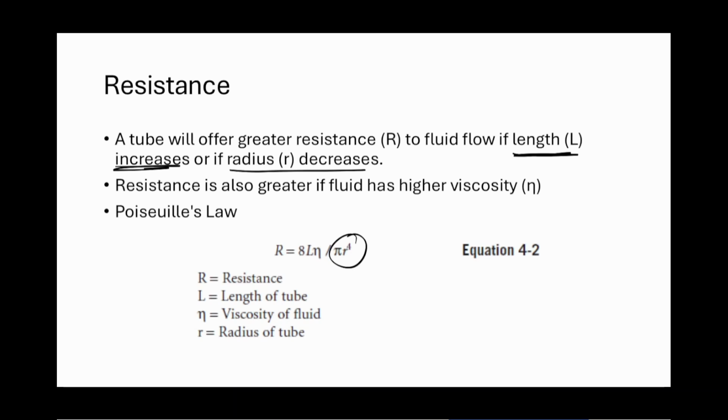So when you change vessel radius a little bit, it produces a big change in the resistance. Likewise, if I give you a drug that's going to cause vasodilation, now the vessel gets bigger. What's going to happen to the resistance to flow through those vessels? Decreases. I've increased the vessel size.